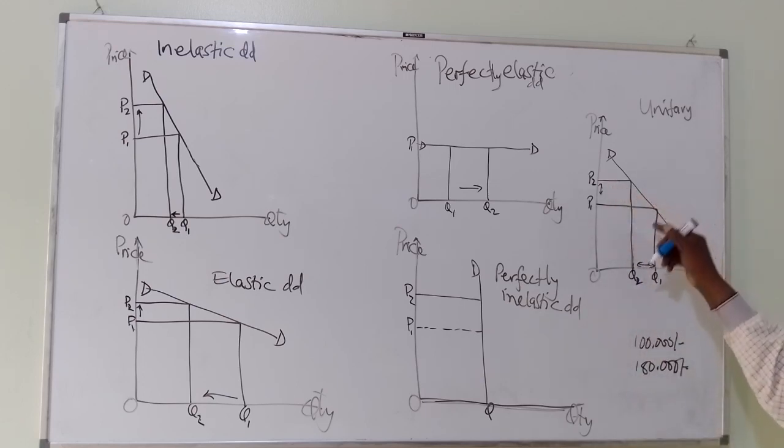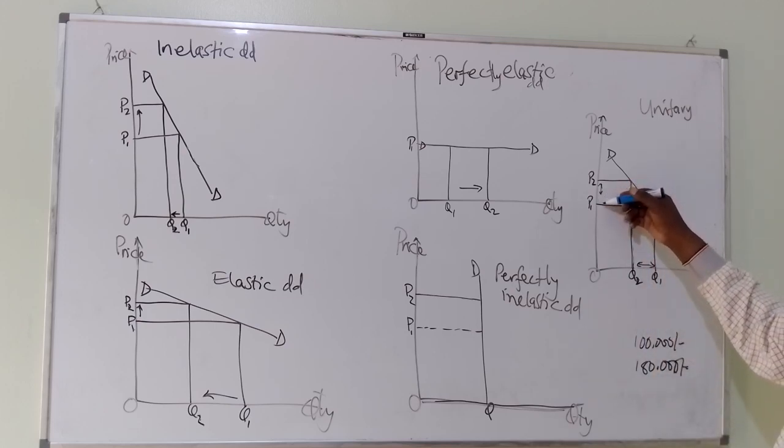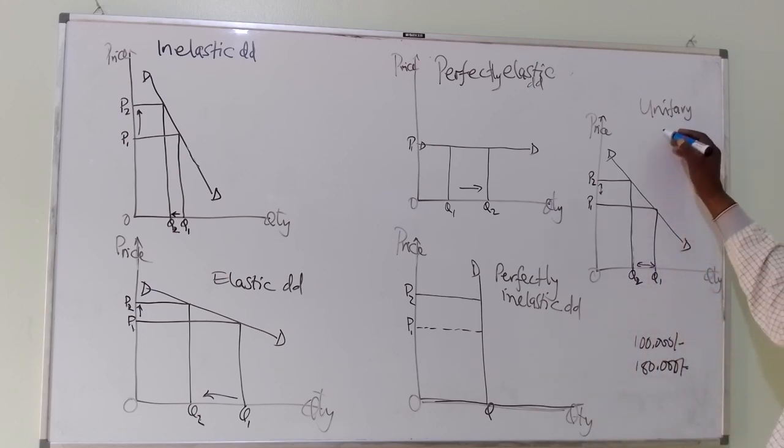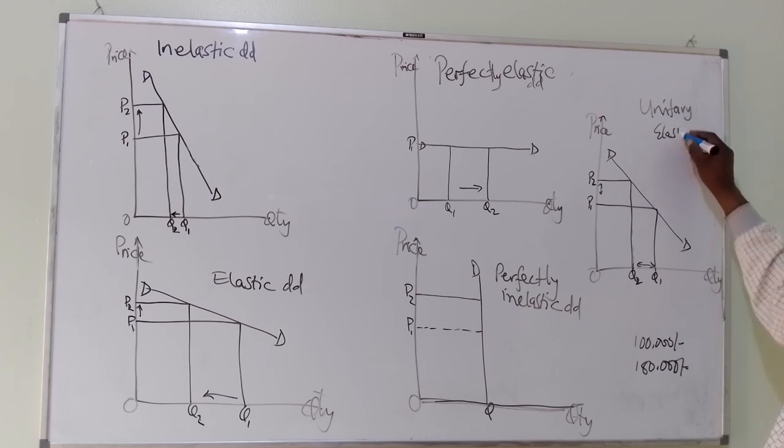So when you divide this by this, you get 1. So the percentage change in price leads to an equal percentage change in quantity demanded. This one we call unitary elasticity.